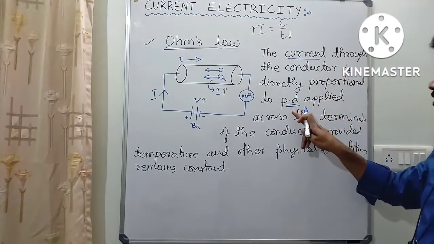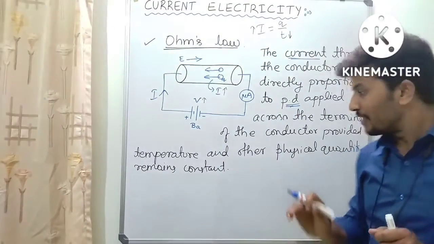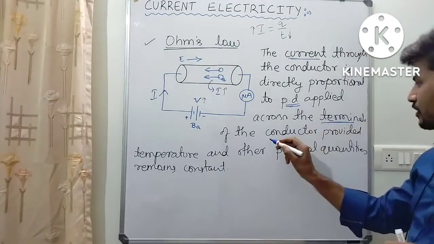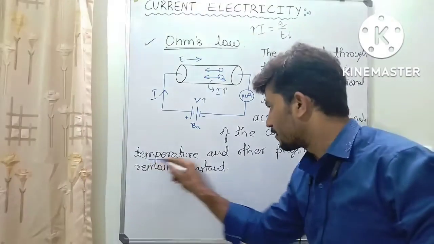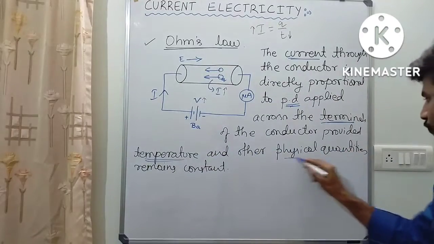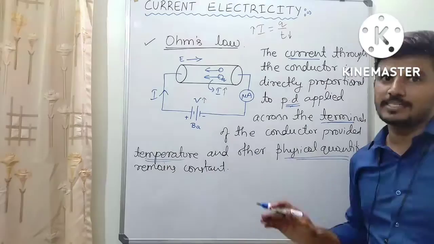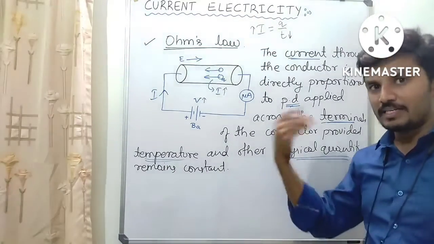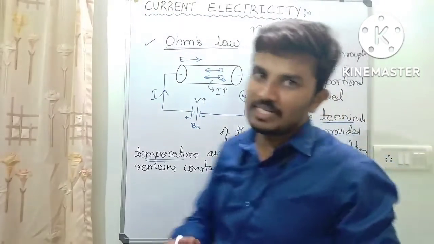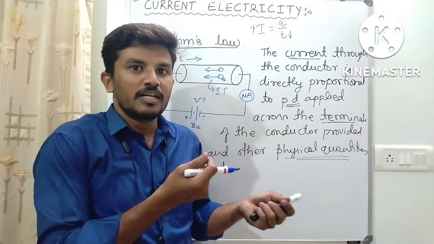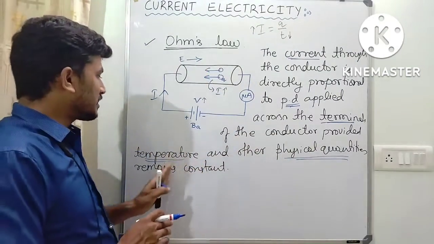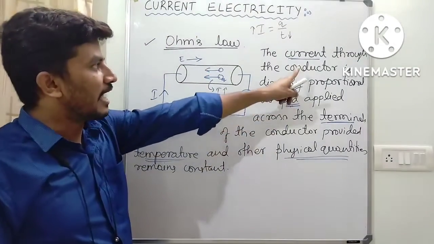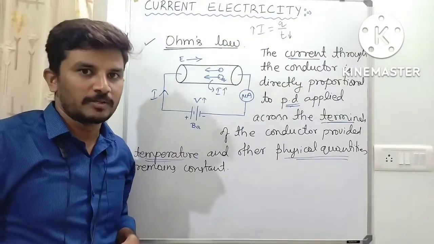So I is directly proportional to V provided the temperature and other physical quantities remain constant. The temperature of the conductor should not vary, and for any other parameters, you should not bend it, you should not increase the length or area. Those physical quantities and temperature won't change. Then I is directly proportional to V.